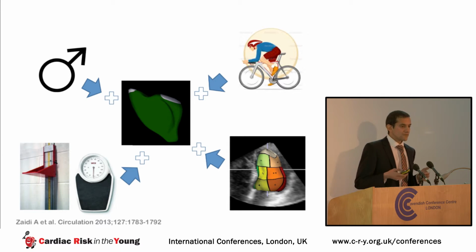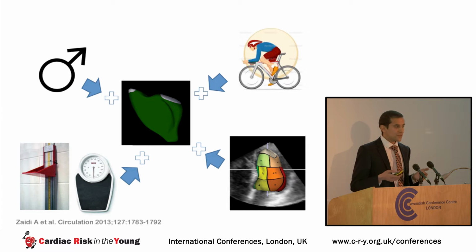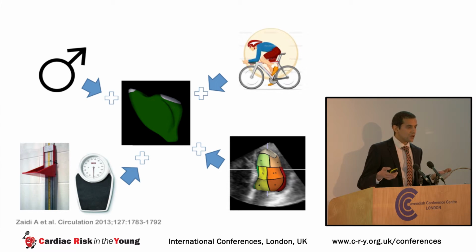So for example, if you have a very large right ventricle in a small female athlete who doesn't do an endurance sport, that's a bit more suspicious than a large right ventricle in a large endurance athlete who's male.